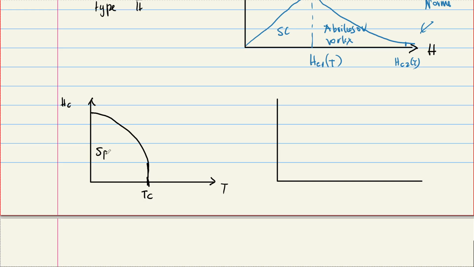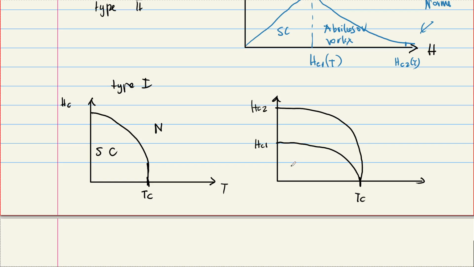Here is superconductor, let me write it SC. Here is normal. So this is type 1. Whereas in the other one, you have this TC, and you have one phase. This is HC1. You have the second phase.